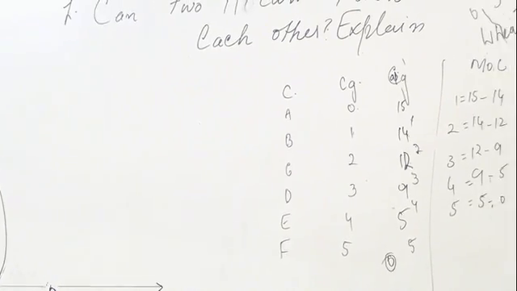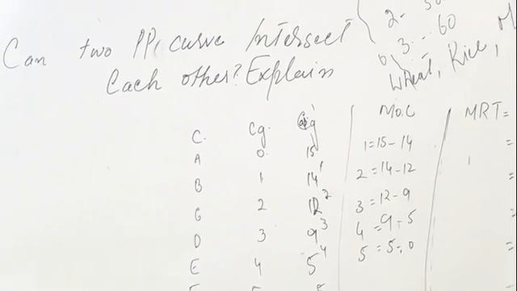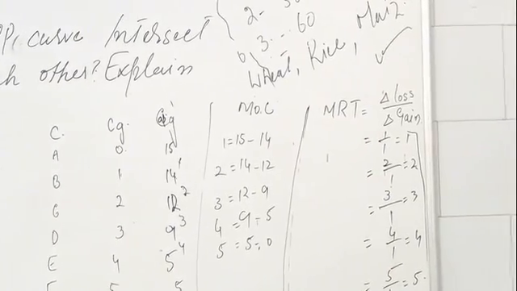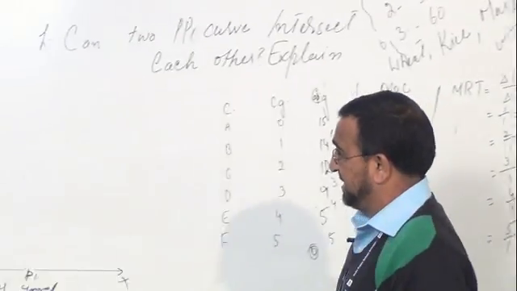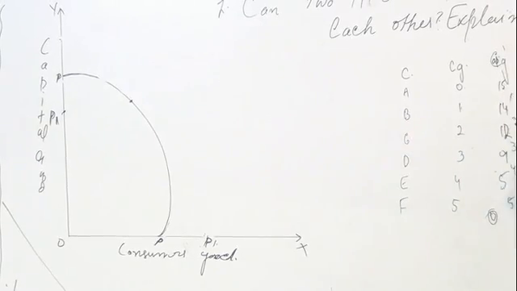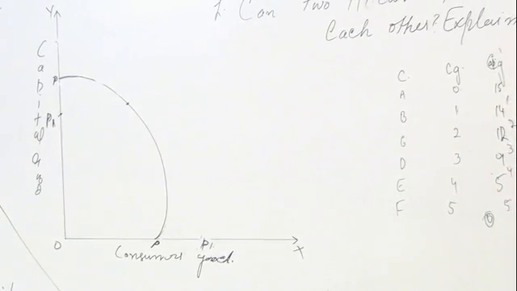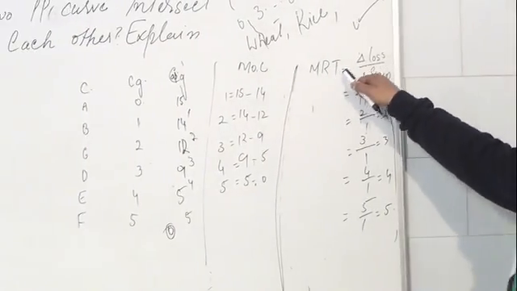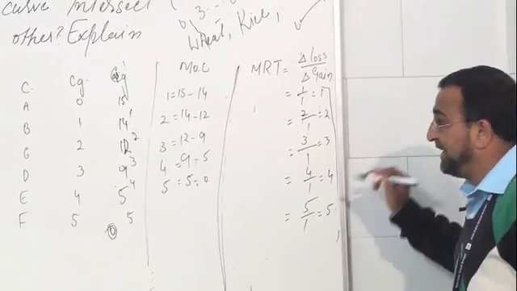So this situation forces the production possibility curve to slope downwards from left to right. Next, the production possibility curve is concave to the origin, simply because the rate of sacrificing, the marginal rate of transformation, is increasing.